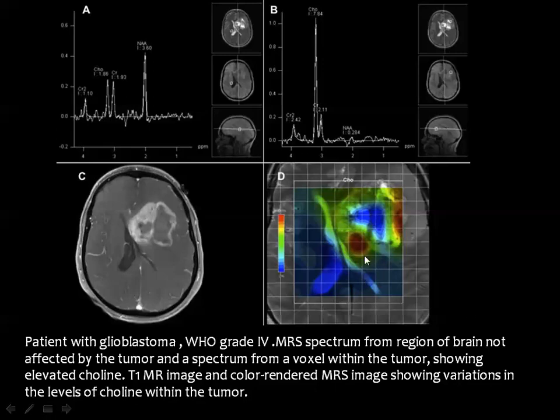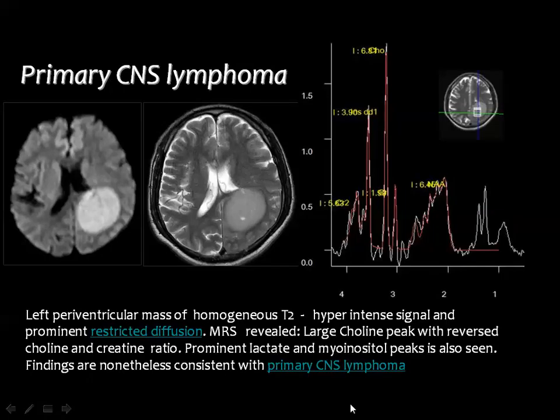If you look carefully at this particular area, you can appreciate that this area in particular is not enhancing here, and it is not included in the tumor considering the MRI. And this is the value of MR spectroscopy, and you can appreciate the presence of high choline outside the margin of the tumor, indicating that you are dealing with a malignant glioma.